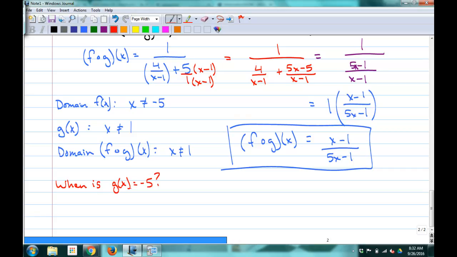Well, the only way to decide that is to solve it. So that'd be 4 is equal to -5x plus 5. Subtract 5. -1 equals -5x. x can't be 1/5.